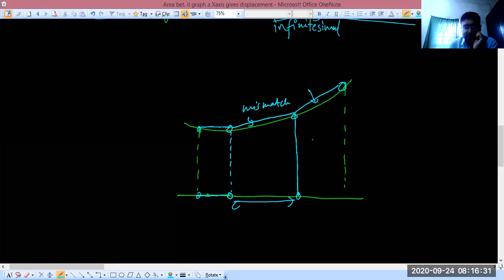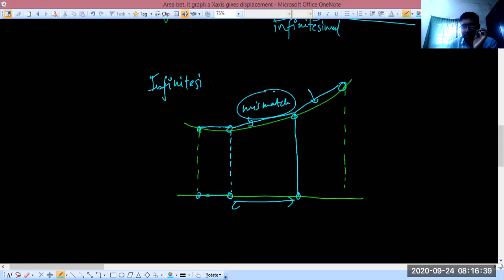To avoid this mismatch, it is important that we take an infinitesimal time interval. That's the key thing. So instead of such big time intervals, I'll take a very small one. There the area mismatch is extremely small.